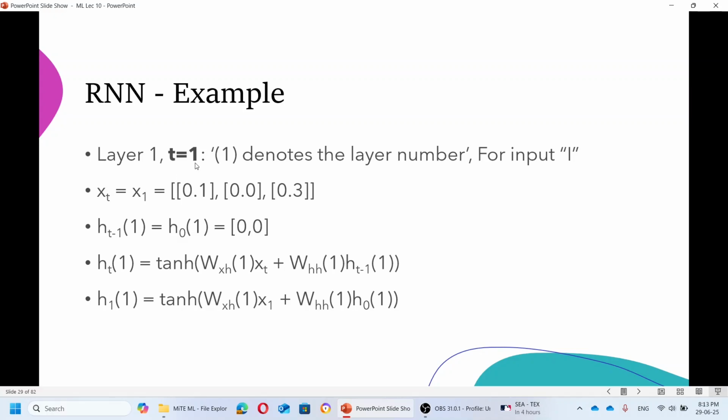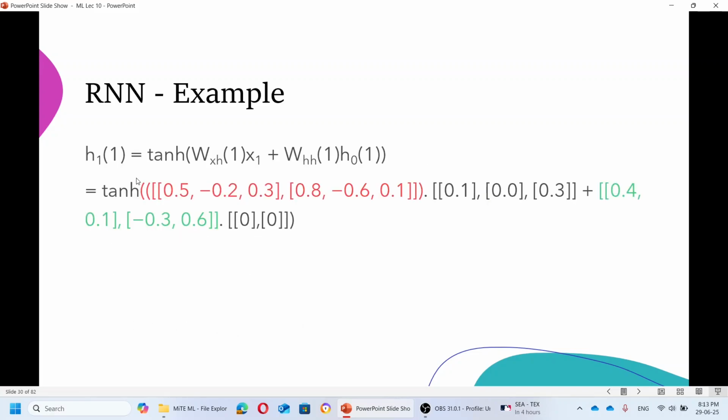Since we are starting with t is equal to 1, t will be replaced by 1 in this equation, and h1 is equal to tanh of Wxh1 into x. What is the weight Wxh? We have assumed it previously. It is 0.5, minus 0.2 and 0.3 for the first neuron, and 0.8, minus 0.6 and 0.1 for the second neuron of the first layer. Then we multiply it by 0.1, 0.0 and 0.3.